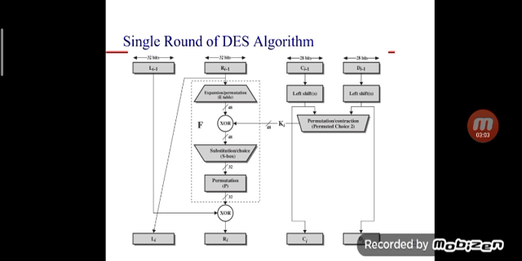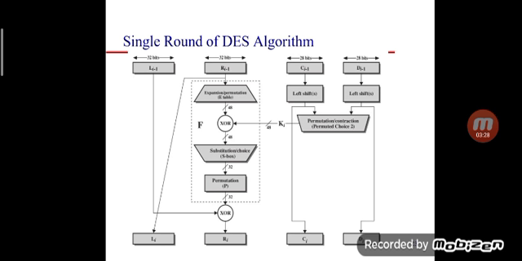For that we use the S boxes. The S box consists of 8 small S boxes, and each small S box takes an input of 6 bits and gives an output of 4 bits.